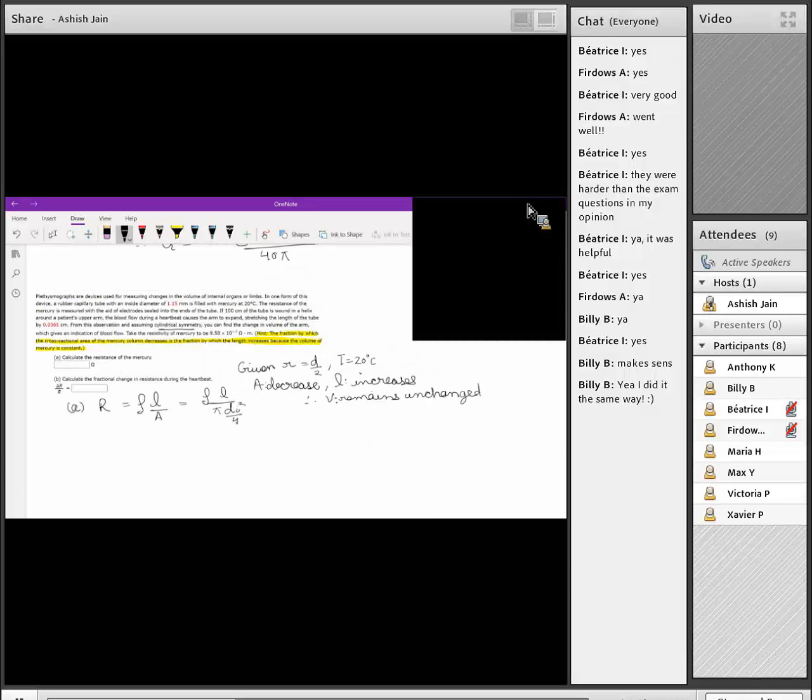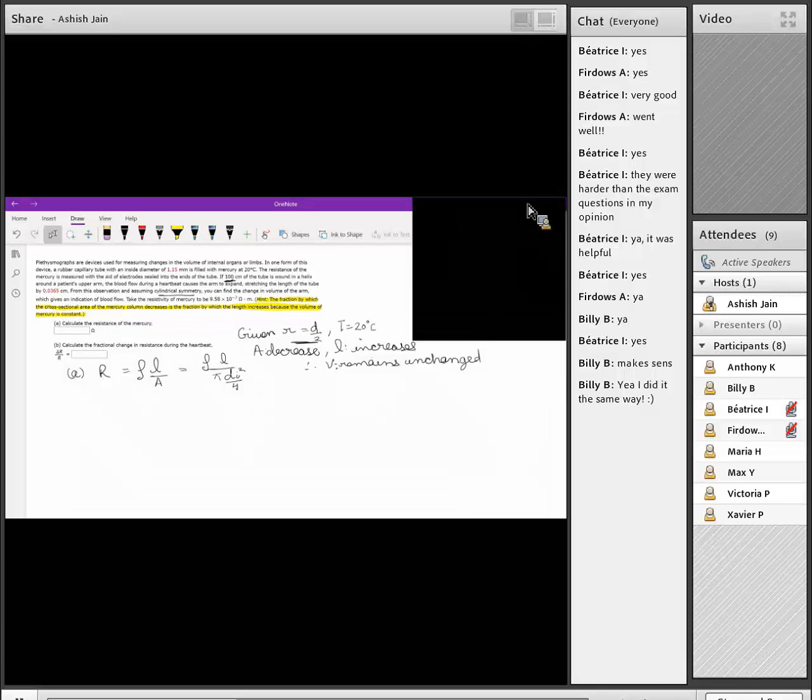Length is given, area is given. So length is given as 100 centimeters here, area is given, radius is given here. You solve it. Is it correct? I mean, you get it?